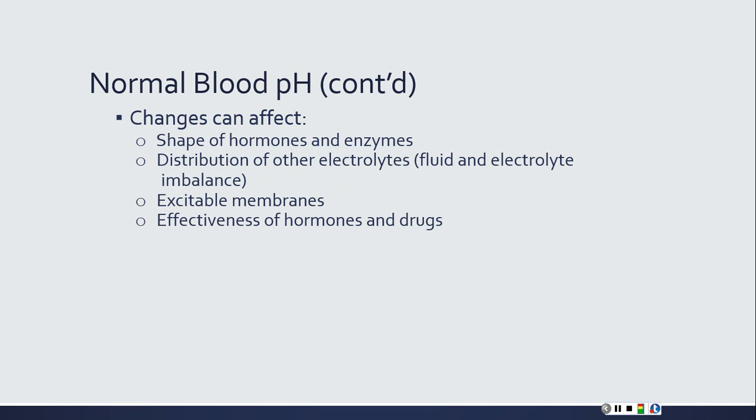Some of the changes to that pH can affect the shape of hormones and enzymes, the distribution of other electrolytes, fluid and electrolyte imbalance, and also excitable membranes. Okay, they become more excited. And then also the effectiveness of hormones and drugs can change depending on that pH.